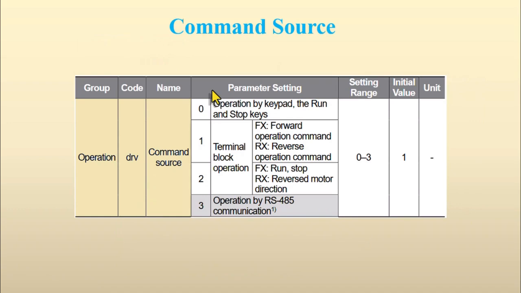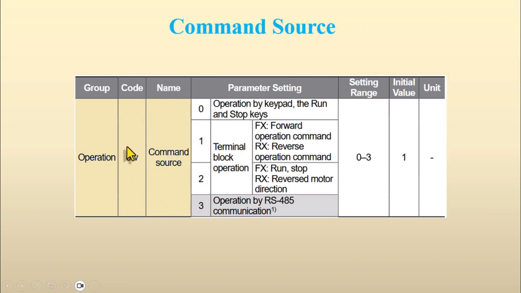For the M100 inverter, if we want to perform start and stop operations through the network, you need to go into the operation parameter group, access the DRV parameter, and manually adjust the DRV parameter to the value 3.